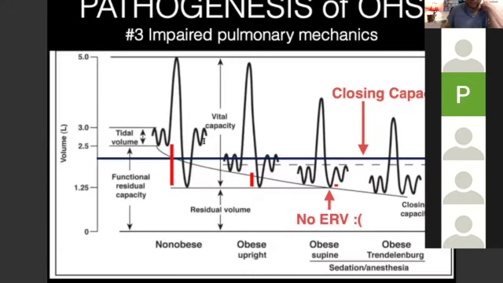All right, so let's look at this real closely. We have our non-obese patient. This blue line is called the closing capacity. The closing capacity is the point at which you get dynamic airway compression. So remember, the pleura, the negative intrathoracic pressure, is pulling the lung open.